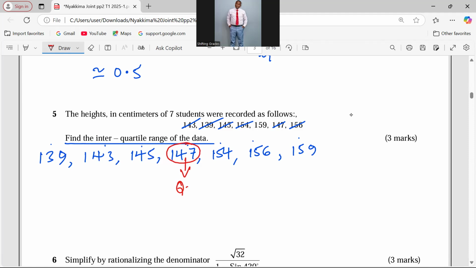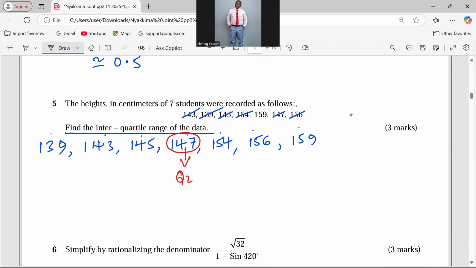So this is another name of median, Q2. Then after the median has divided data into 2 equal portions, there is usually the median of the lower set of the data. So the median of the lower set of the data is going to be found here, because the lower set of data now has 139, 143, and 145.